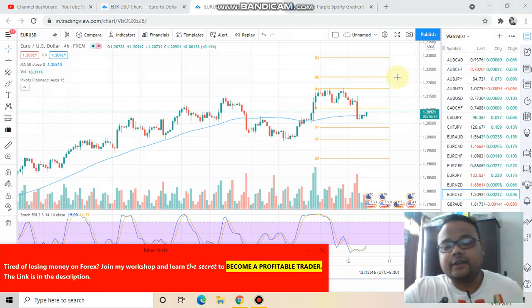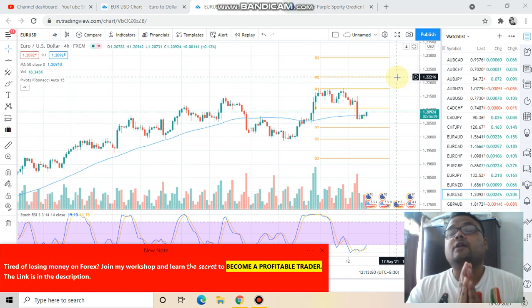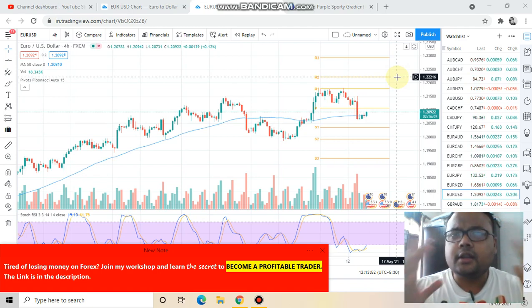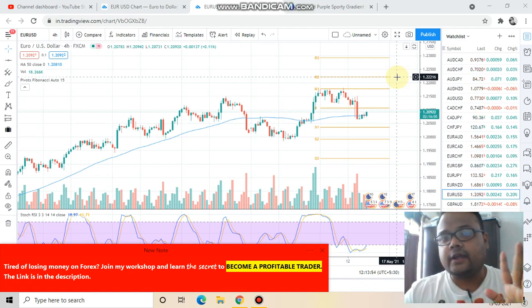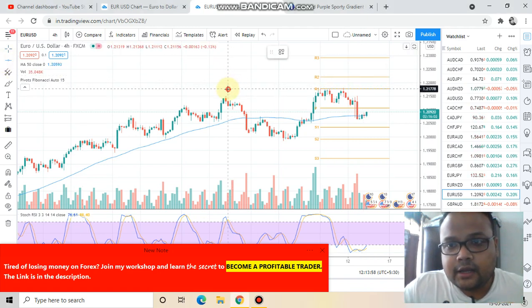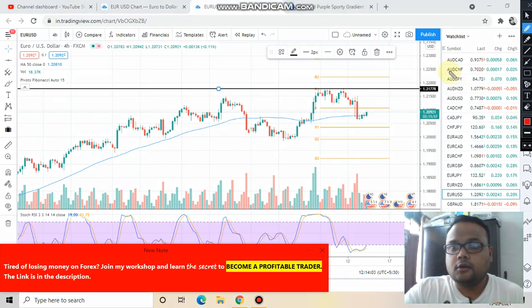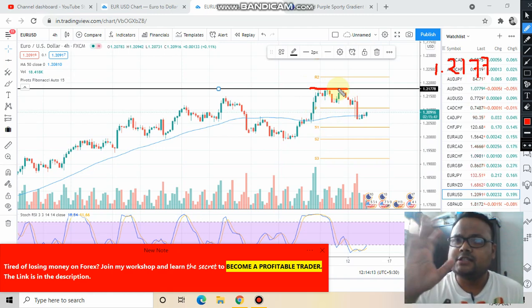On the other hand, if you are looking for a very safe entry, if you think that you cannot afford to lose any money, you are not in a position to lose a single trade, then the best position will be to wait for the market to cross this level, 1.2177. Once the market crosses this level, wait for 3 to 4 hours and just observe the price.